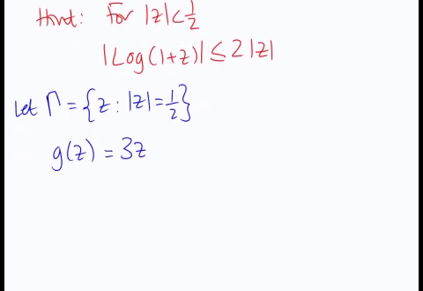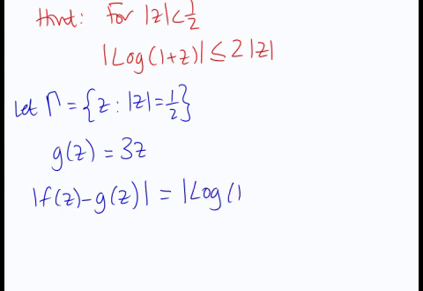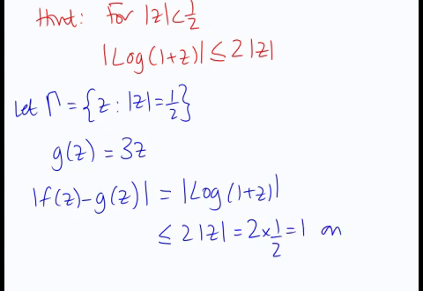You'll see in a minute that that is a suitable choice, because what I can now do is subtract one from the other, and so I'm just left with the modulus of the log of 1 plus z. And then I use my hint. That is less than or equal to 2 times the modulus of z, which on gamma is just a half. So I get 2 times a half, which is 1.